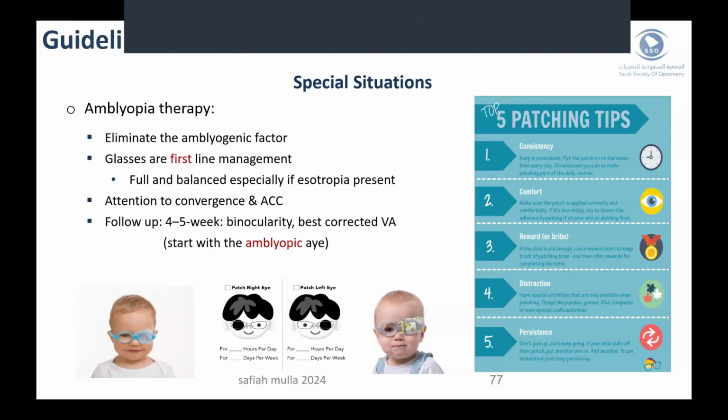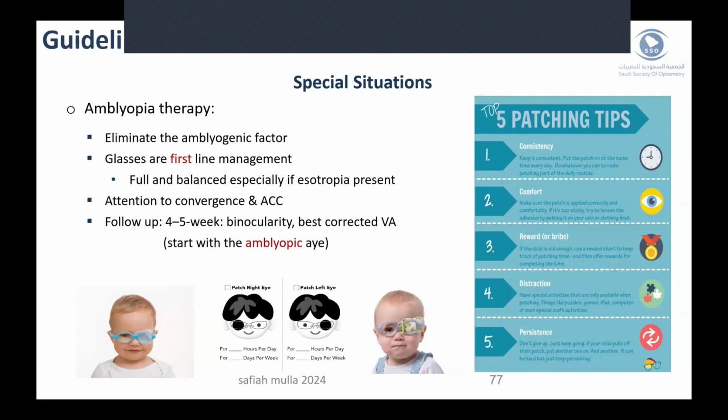I found it also very helpful to give them a chart with an image or a picture of the eyes, because sometimes the parents make mistakes and cover the amblyopic eye instead of covering the good eye, because they think that the amblyopic eye is the problem.